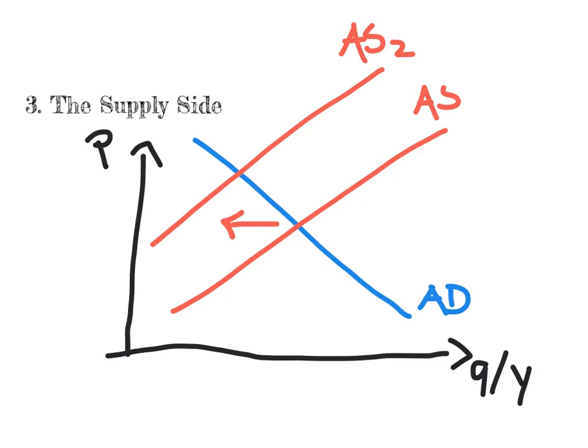So we could draw this, as I did, as a leftward shift of the aggregate supply curve. Note with demand stable, as I have drawn this here, this could lead to inflation, right? Because the price level as drawn here would shift up.